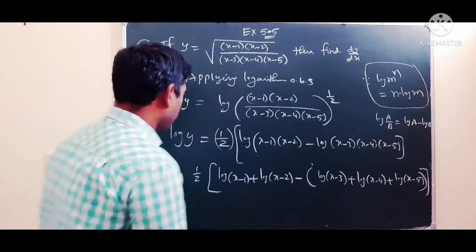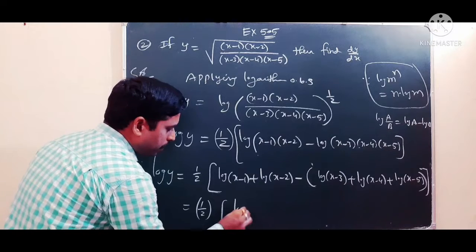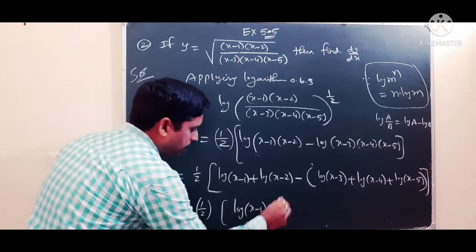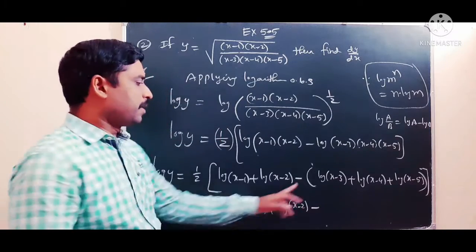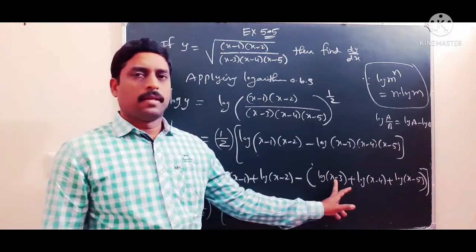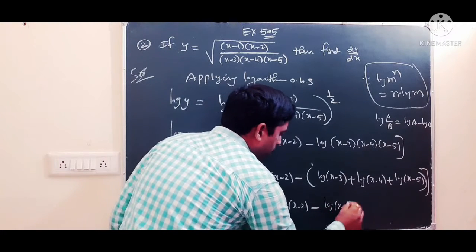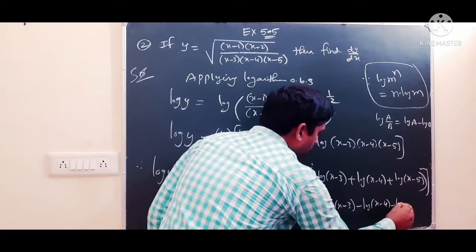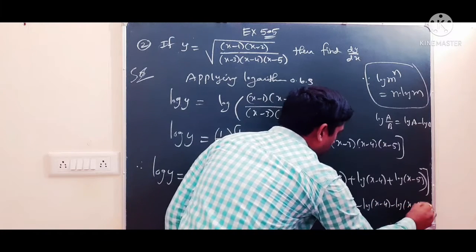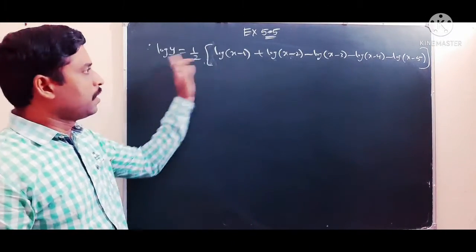Now this will be 1 by 2 times of log (x minus 1) plus log (x minus 2), and the minus multiplies with each and every term: minus log (x minus 3) minus log (x minus 4) minus log (x minus 5). Okay, we got this value.